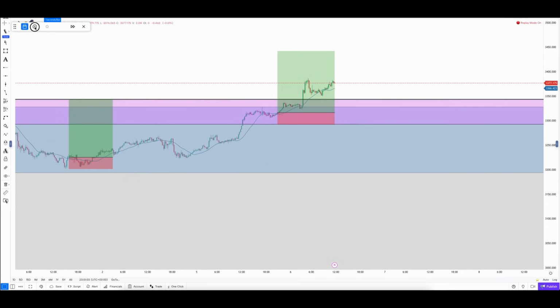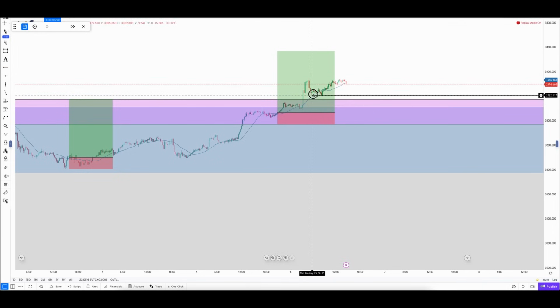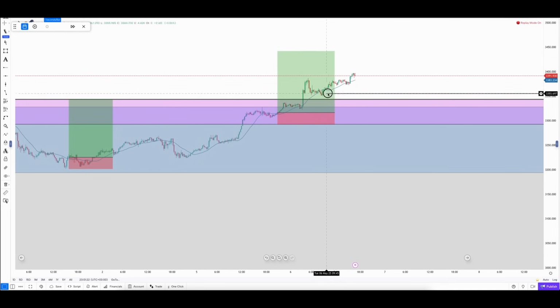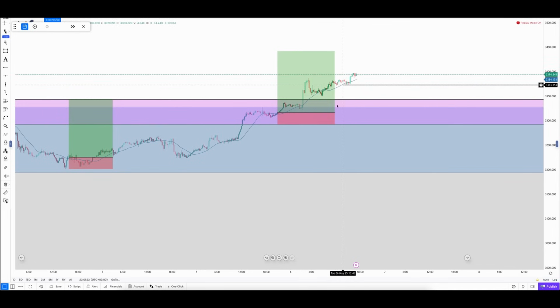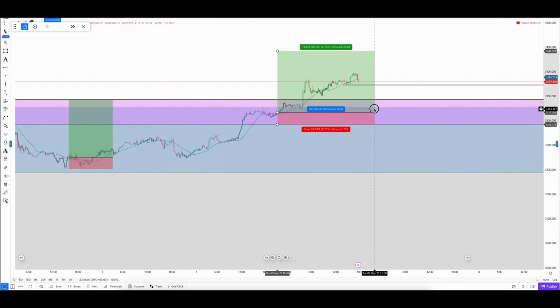So what you do to manage this kind of trade is whenever it is moving, you are going to be moving your stop loss, for example, to the most recent lows, like that, as the market is going up. You move your stop loss there to secure profits. Once it creates a low and pulls back a bit, you wait for it to pull back, then you move your stop loss there to secure more profit, like that.